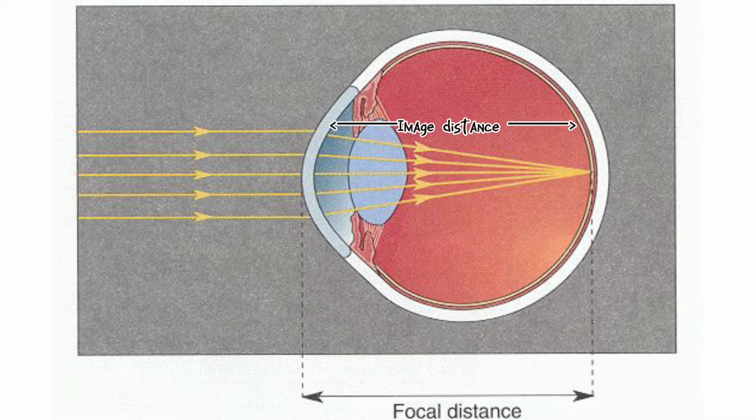To see a nearby object, we have to increase the curvature of the eye lens.